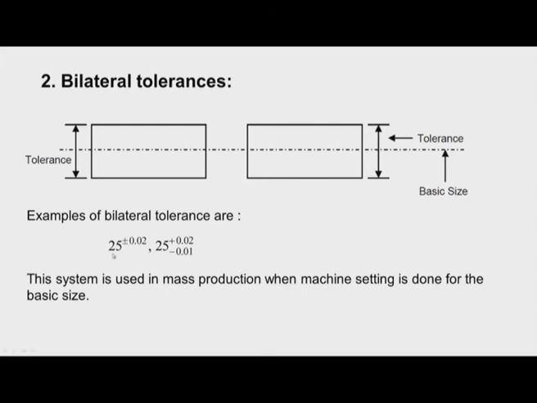So, some examples we can see here. 25 is the basic size, and the upper limit of the shaft is 25.02 mm, and the lower limit of the shaft is 24.98.